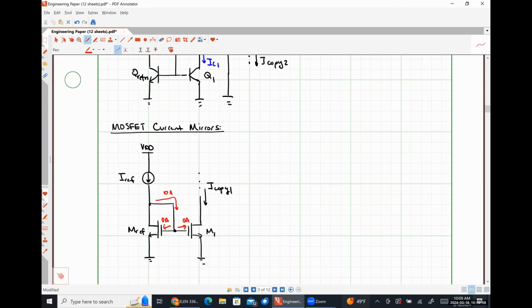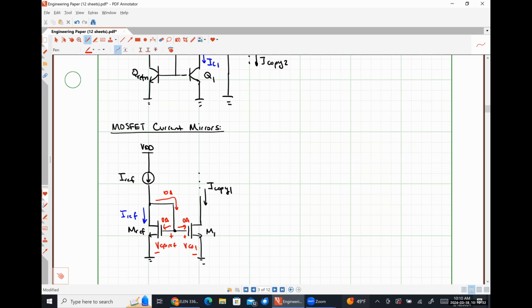So from that, we know that the current that's flowing into transistor MREF is just IREF. We have this voltage, VGS ref, that must be identical to this voltage, VGS1, because we diode connected it.